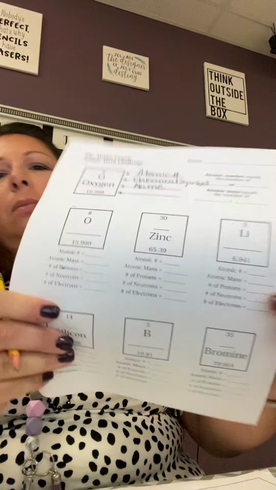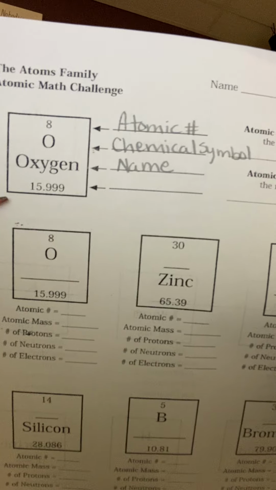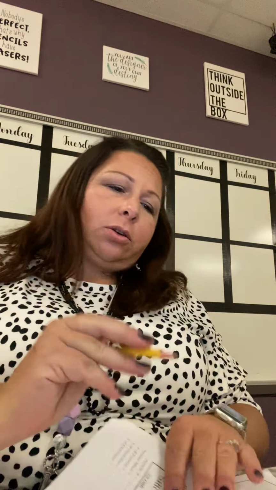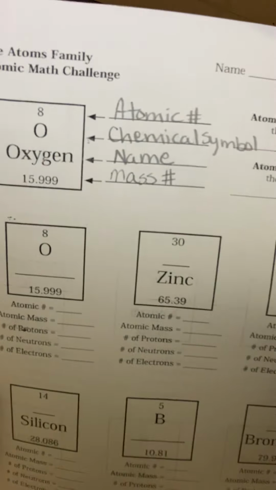So we're going to write name. And then, of course, at the bottom down here, we have our mass number. So let's write that in. Mass number. So we have that filled in.